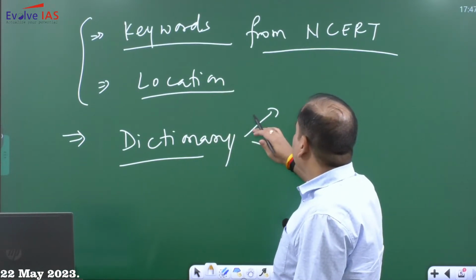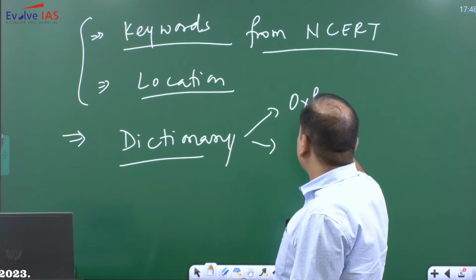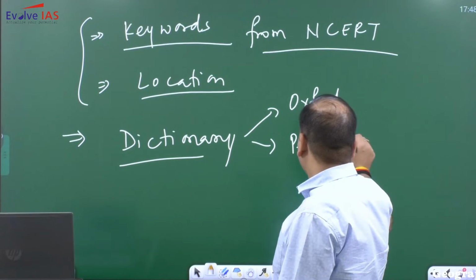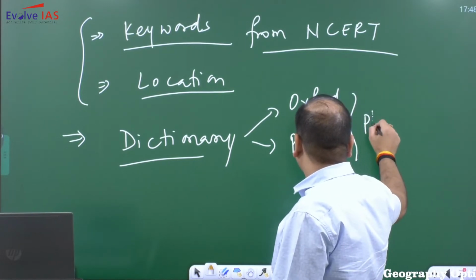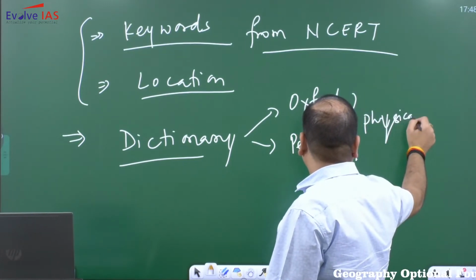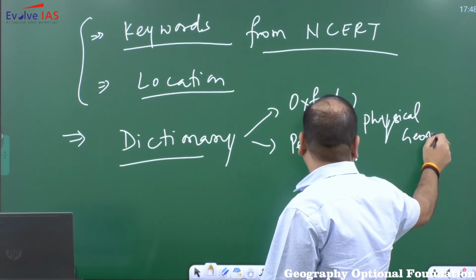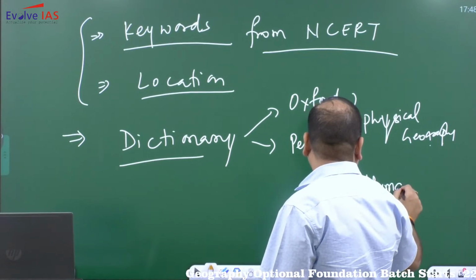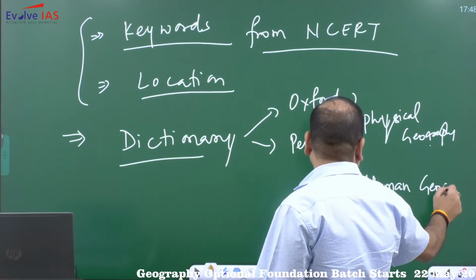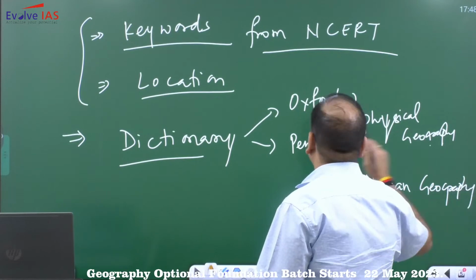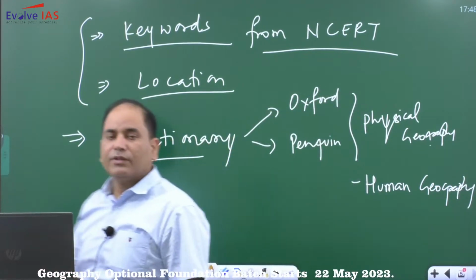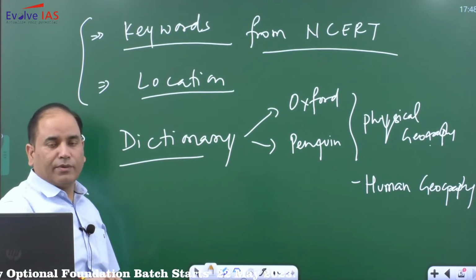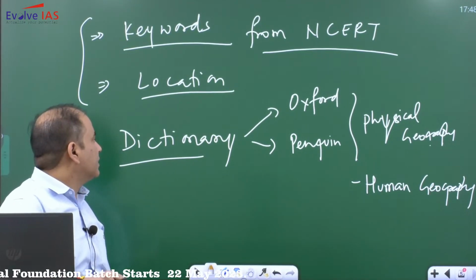I will suggest going with either Oxford or Penguin. And I will suggest that you go with the separate ones, where you find the physical geography dictionary and the human geography dictionary separately.